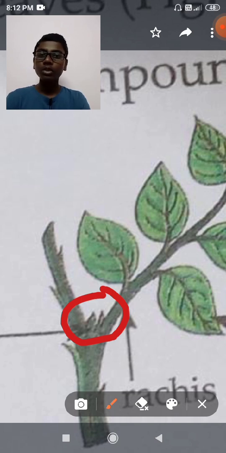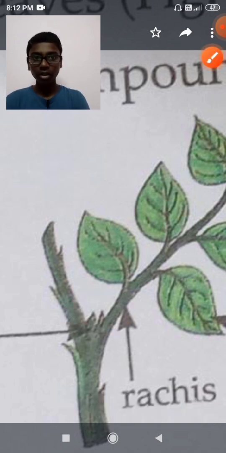So in this case we cannot say that the axillary bud is present in its individual axil, the place where it should be present. It is not present in the case of compound leaf.